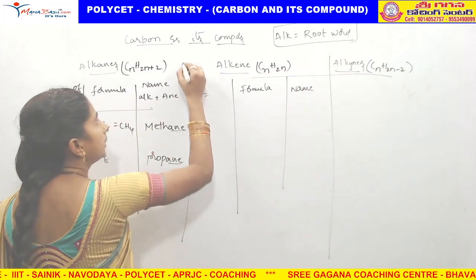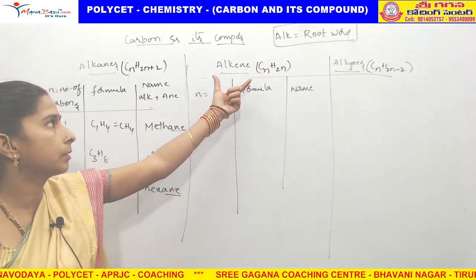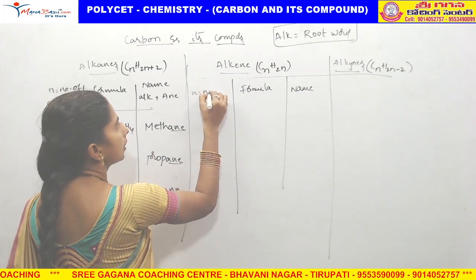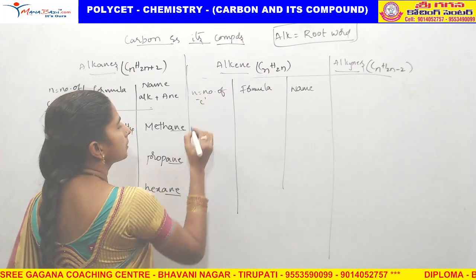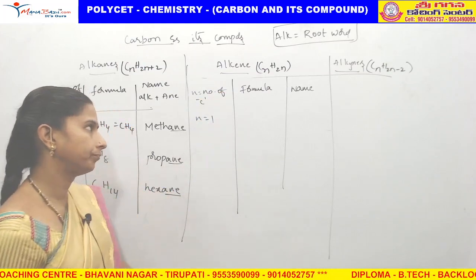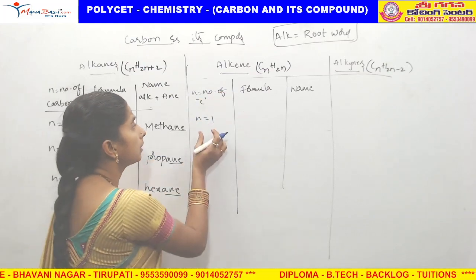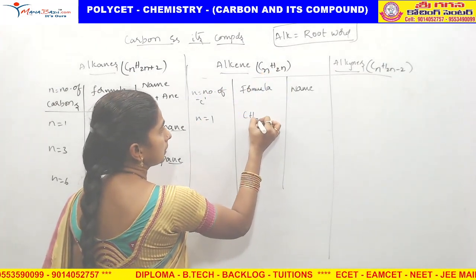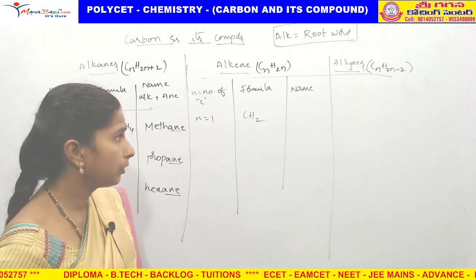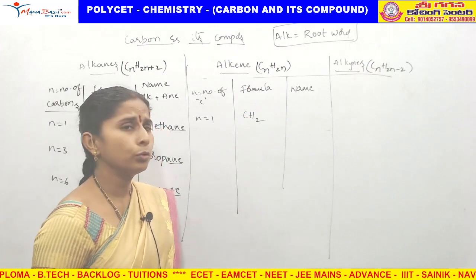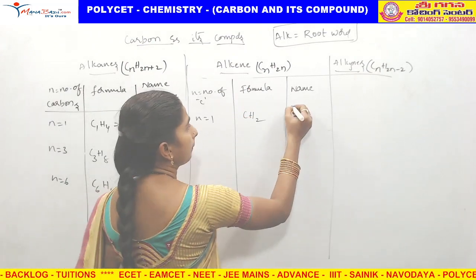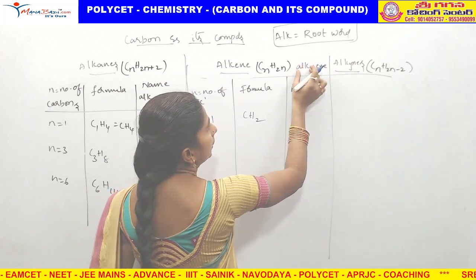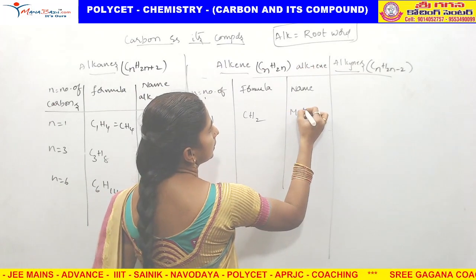For alkene, n is equal to the number of carbons, same as before. n is equal to 1 means C1H2, CH2. Here, CH2 we would call alk plus ene, meth plus ene, methene actually.